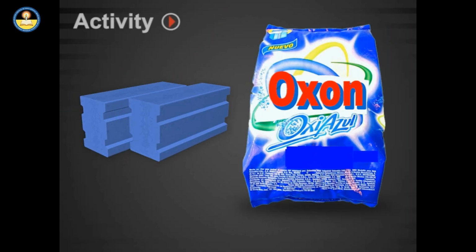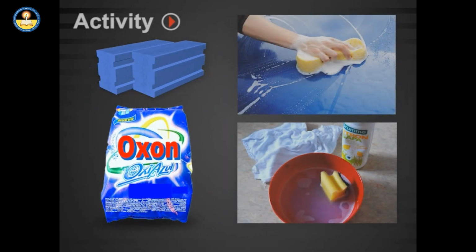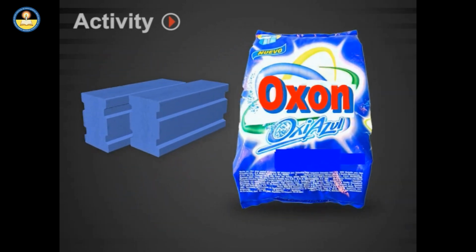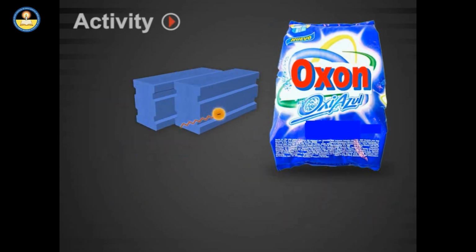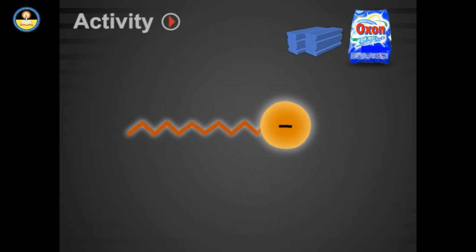Now that you know that soaps and detergents are substances that you come across often in everyday life, they are used for cleaning and washing. Soaps and detergents are made up of molecules with a specific structure. Two ends of these molecules show typical behavior towards water.